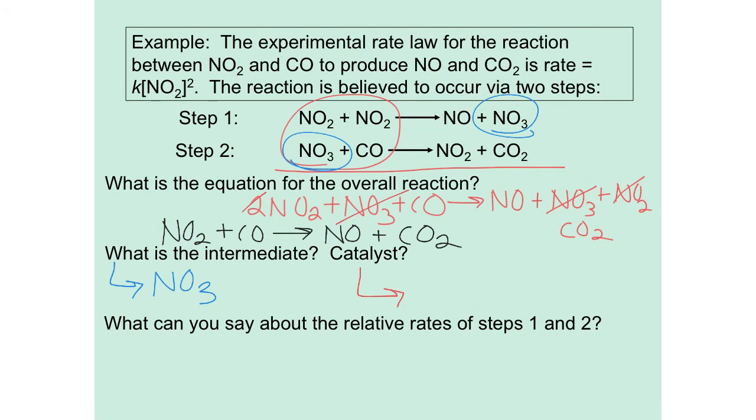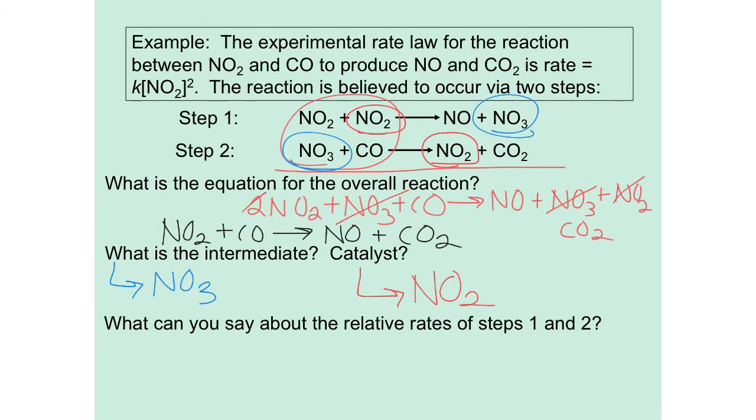So that is going to be NO2 because I added it and it got consumed and then it got produced. So basically it's the two things that we crossed out. The NO3, that would be the intermediate, and one of the NO2s, that would be the catalyst.